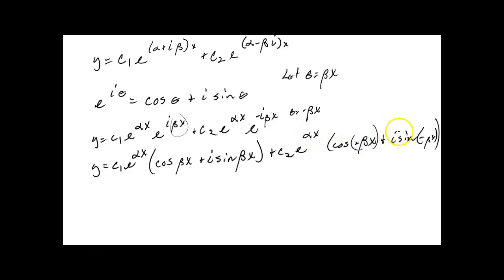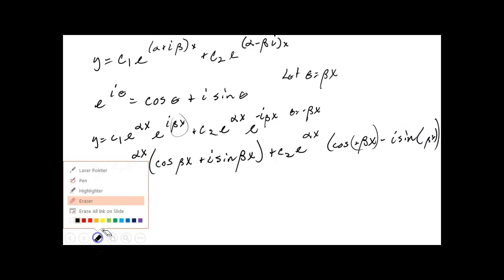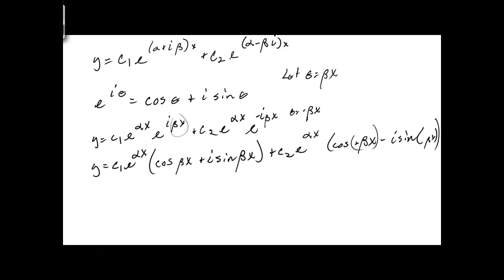So, if it's okay, I'm just going to do that. That's going to be the same. This is going to change that plus to a minus. Hopefully that wasn't too bad of a shell game there.